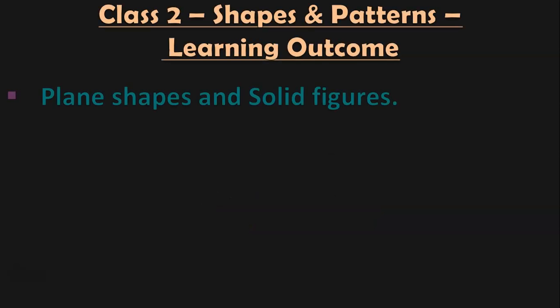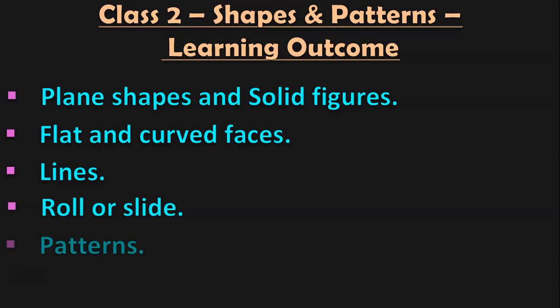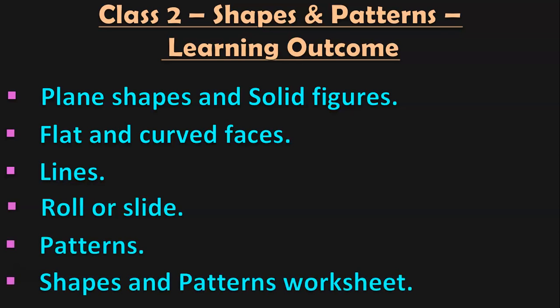Dear viewers, these are all the learning outcomes in class 2 under the topic shapes and patterns for the children, of which I have covered the first topic, plane shapes and solid figures, in this video. In the next video, we will be seeing the properties of solid figures, which is flat and curved faces. Then we will be dealing with lines, and then we will see the concept of roll or slide, and then we will move on to patterns.